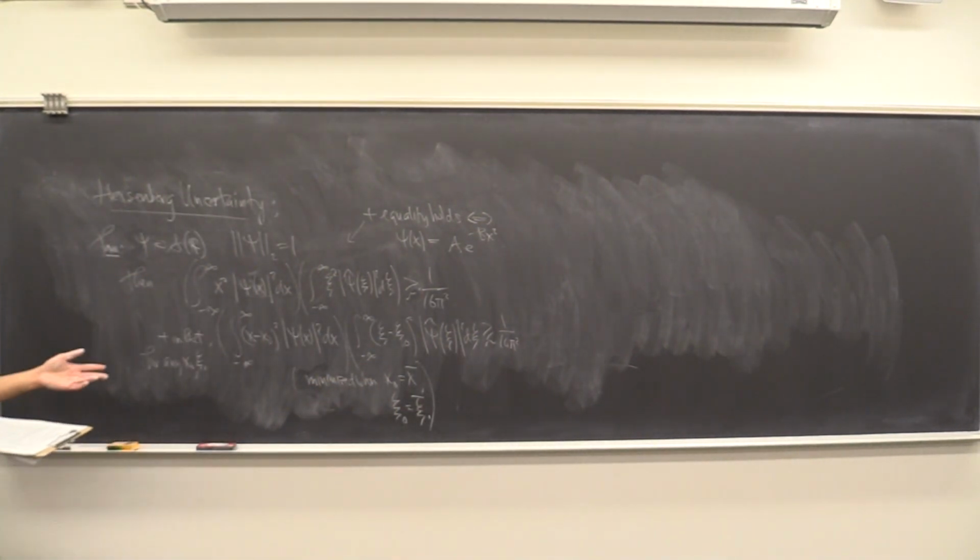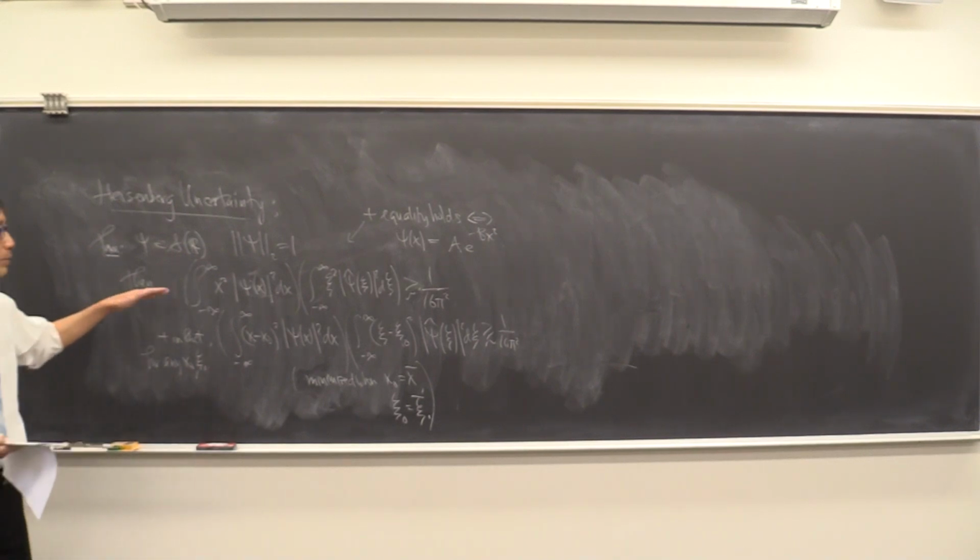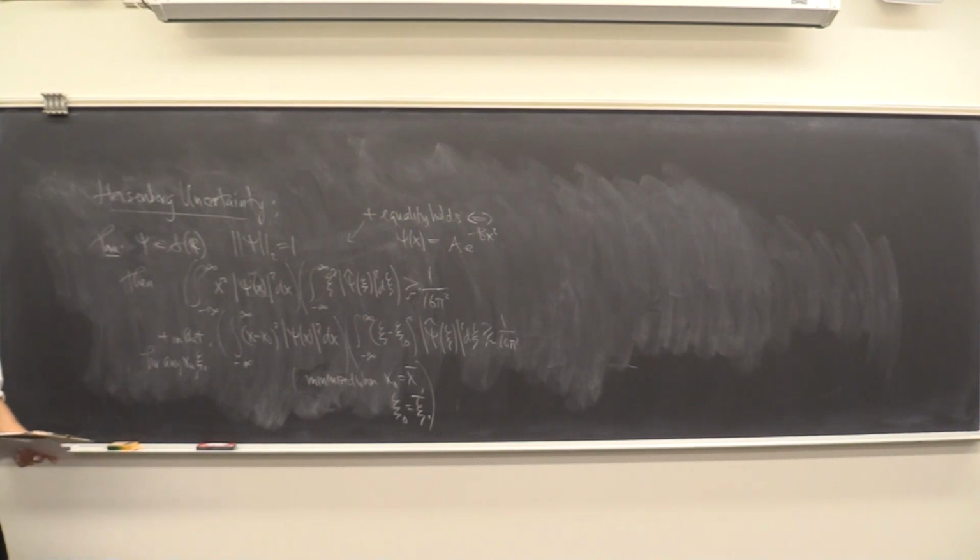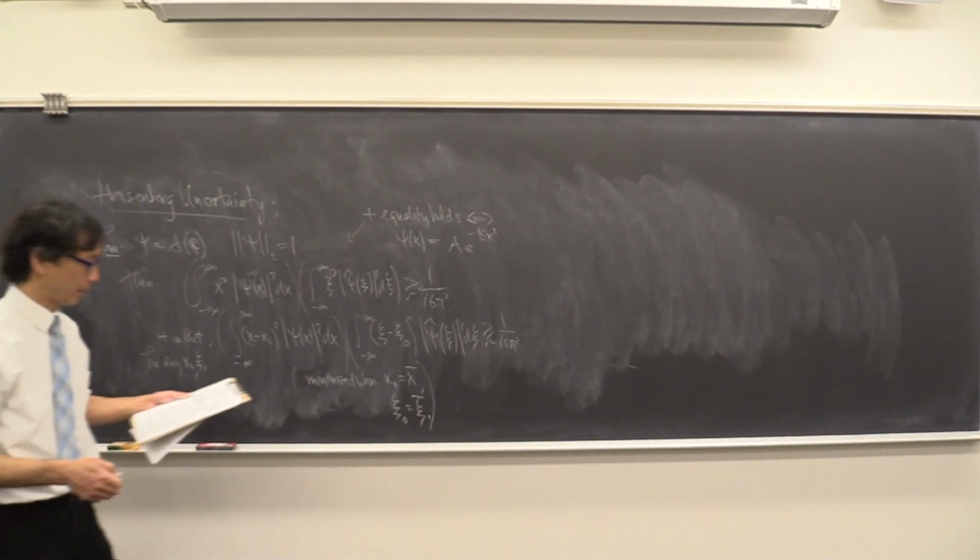So the Gaussian is sort of the best you can do if you're trying to localize in time and frequency.